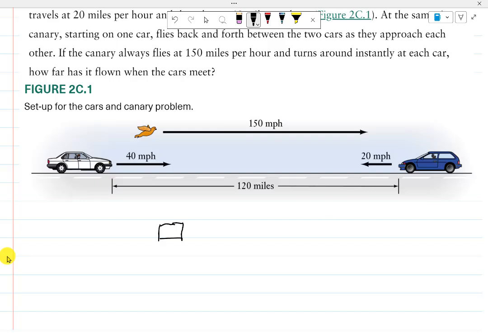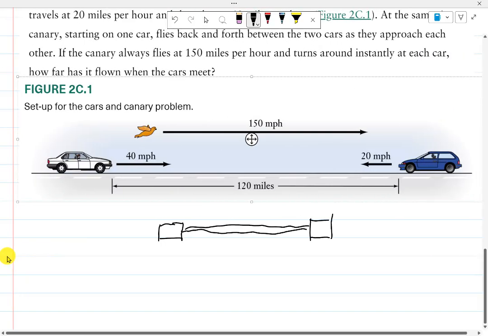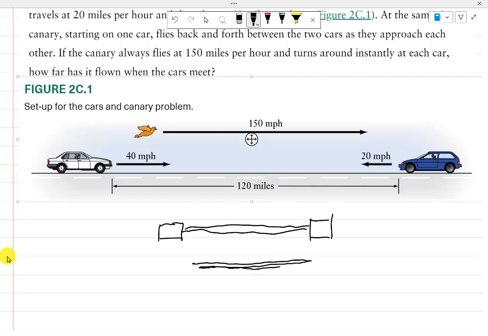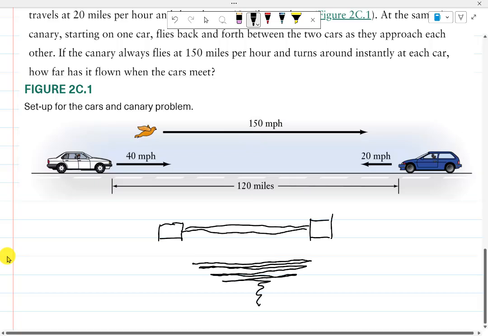As they get closer, this bird is zipping back and forth between them, but the distance keeps getting shorter. If we really were to look at its flight path, it probably would do something like this. Shorter, a little bit shorter, shorter, shorter. And it keeps going all the way down to nothingness.